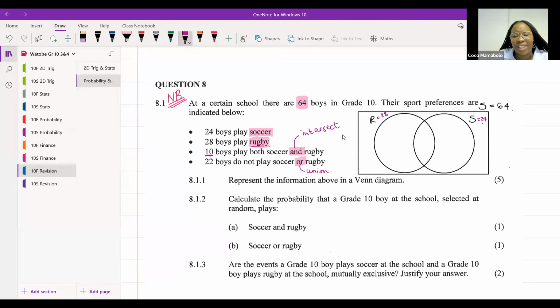Correct, Isayan, beautiful. In the intersection, in the middle. So we've got 10 in the middle. Then it says 22 boys do not play soccer or rugby. Where does that 22 go? Outside, okay, there, 22. It's outside.